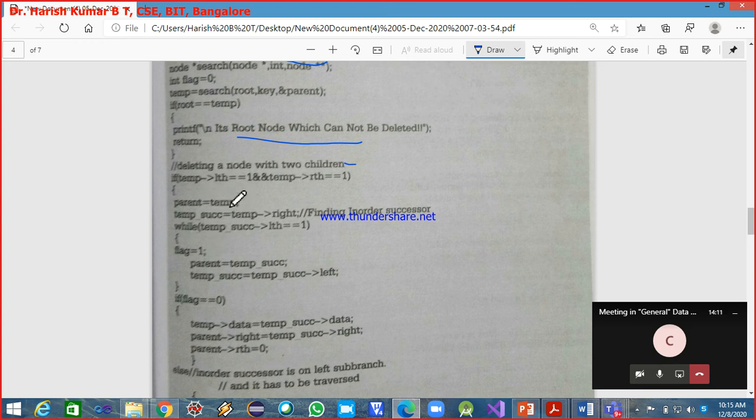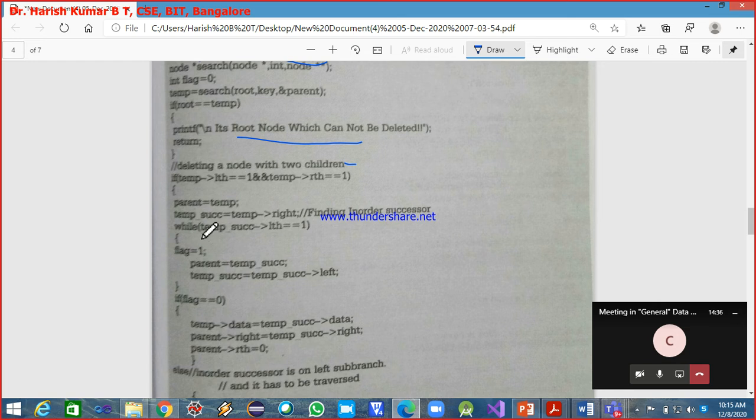So we make parent point to the node to which temp is pointing, and then temp successor is equal to temp arrow right. So the temp successor node is made to point to the right child of the temporary node, the node which you want to delete.